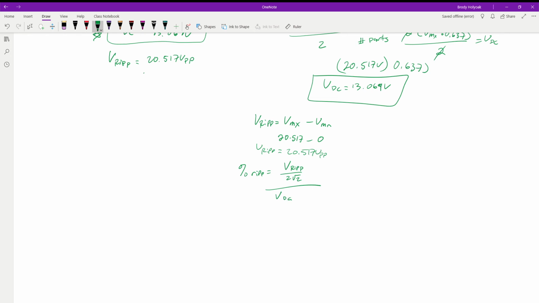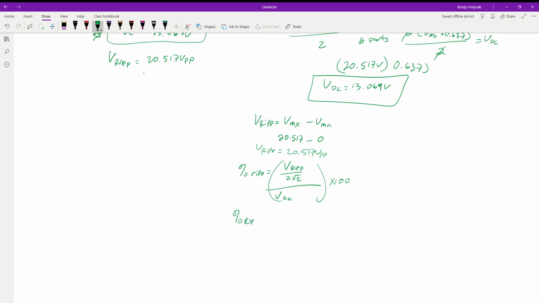Because again, we want to find out how much it's changing because of this AC portion. So we take the voltage peak to peak and divide it by 2, divided by the square root of 2. That converts from peak to peak into peak, and then the square root of 2 converts it into RMS. We take the RMS divided by DC, and multiply that value by 100. And that gives us our answer.